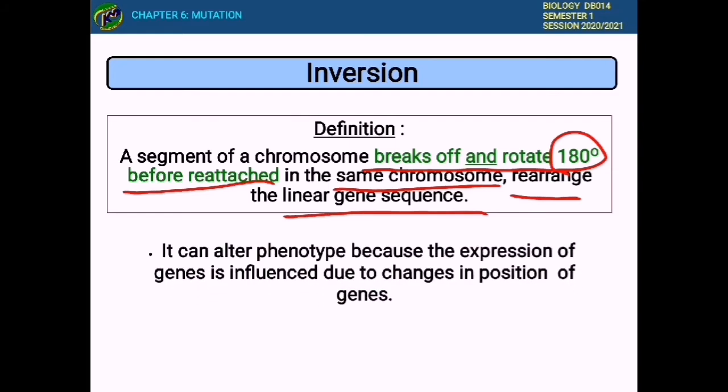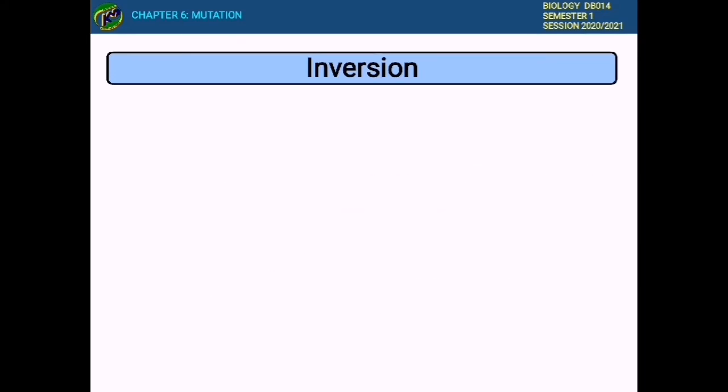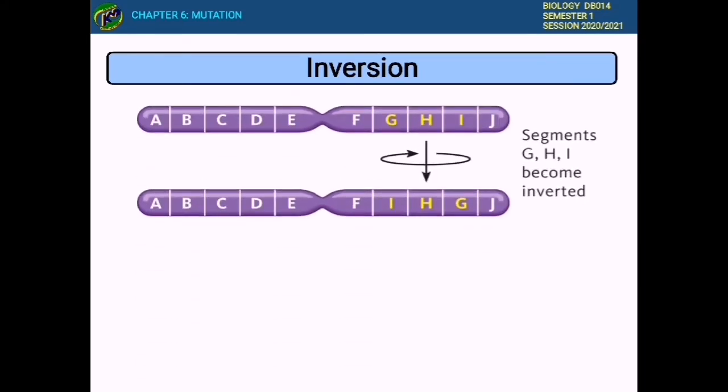This can alter phenotype because the expression of genes is influenced by the change in position of genes. Let's see the diagram here. A segment, GHI, is inverted, so it becomes IHG. It rotates about 180 degrees.